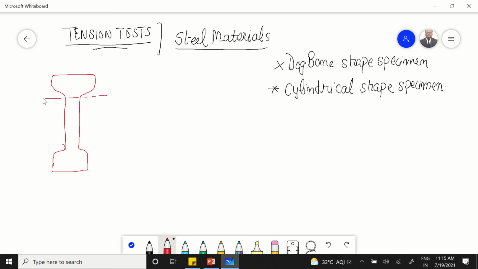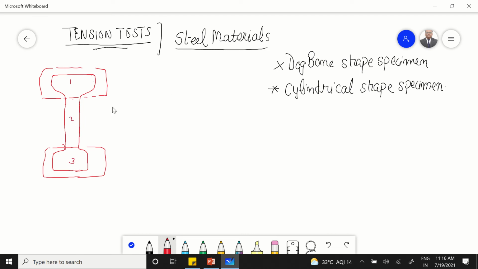One region is from this point to this point, and the third region is this. Let us call these region number 1, region number 2 and region number 3.